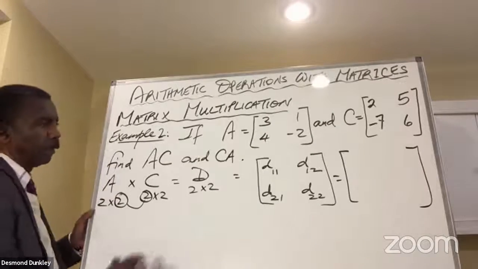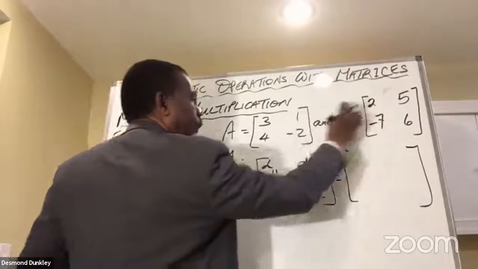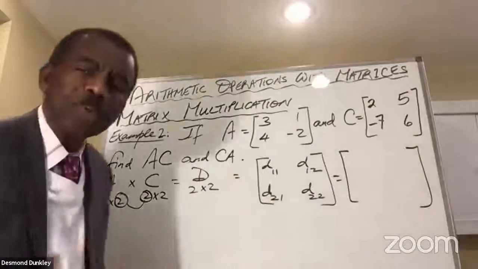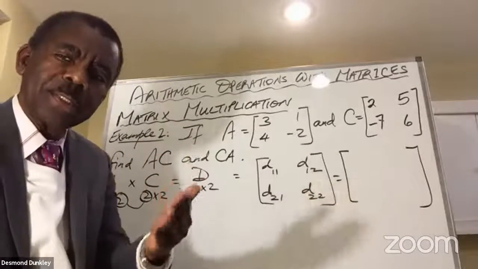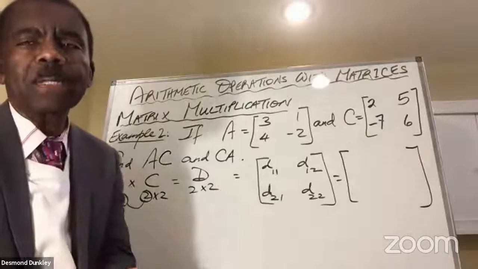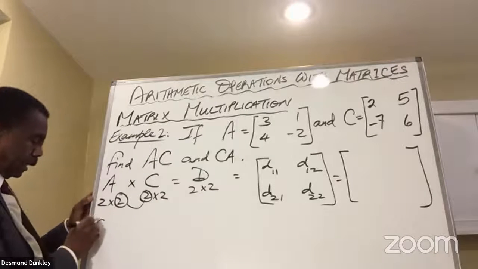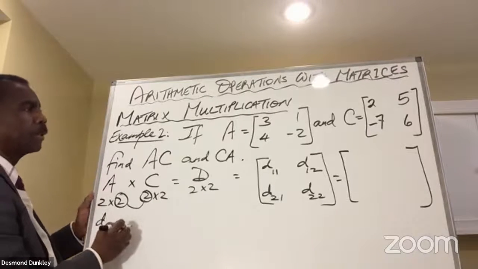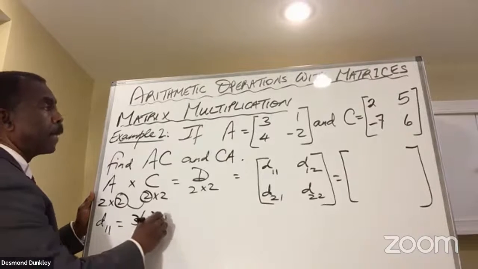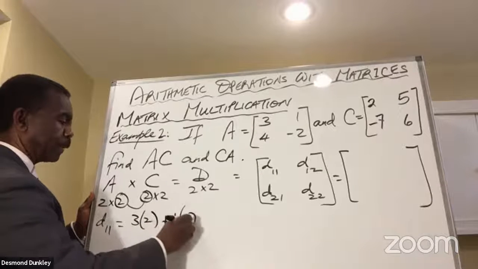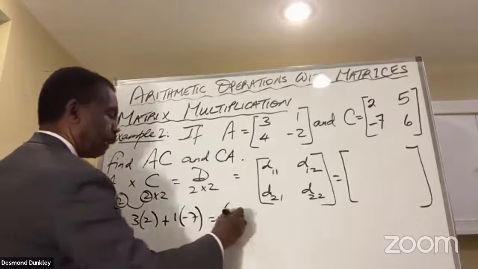So let's go. First row, first column. I could do this mentally and get my result, but just for the purpose of illustration, I'm going to write it out, and you write it out until you get comfortable. You don't need to write it out anymore. So D11 is equal to 3 times 2 plus 1 times -7, which is 6 minus 7.